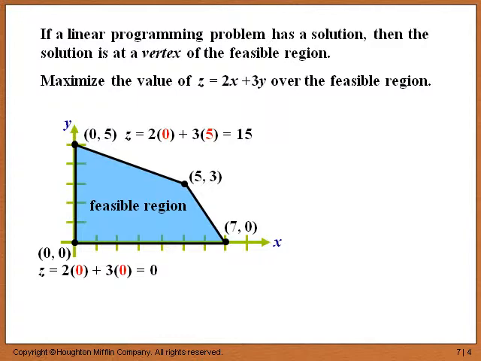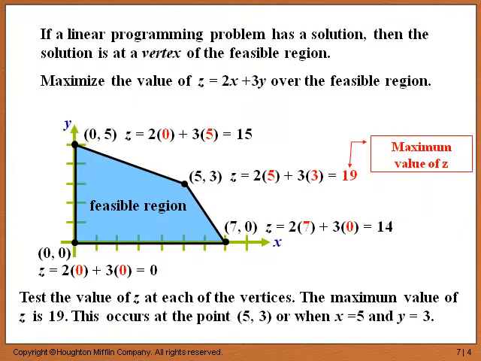If I plug the ordered pair 0, 5 into the objective function, I get z equals 2 times 0 plus 3 times 5, and that equals 15. Now I'm going to test another vertex, the 7, 0 vertex. If I plug the ordered pair 7, 0 into the objective function, I get z equals 2 times 7 plus 3 times 0 equals 14.